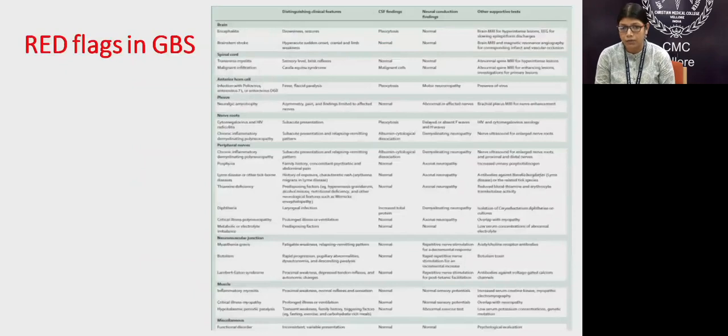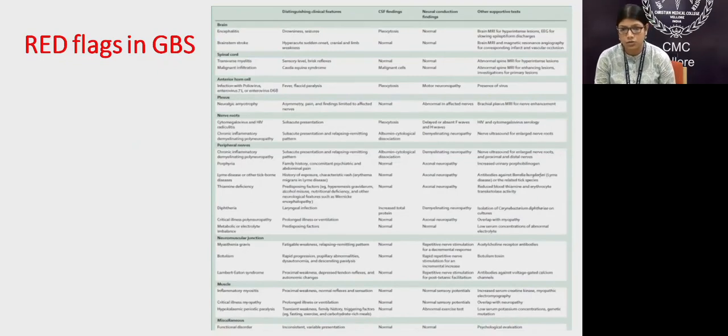It is important while we are treating GBS, or if we have labeled somebody as Guillain-Barré syndrome, that we look for the red flags. Because of the various different types of GBS variants, they can present as an encephalitis, a brainstem syndrome or anterior horn cell syndrome, or they can present like a spinal cord syndrome in an atypical pattern.